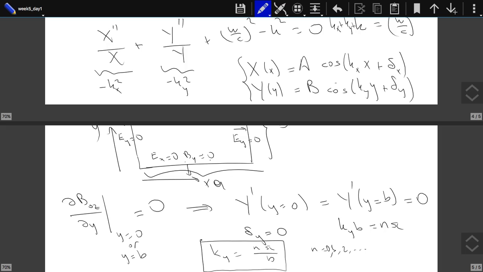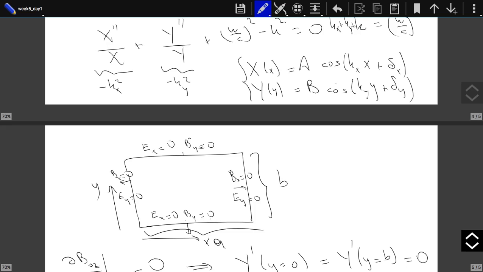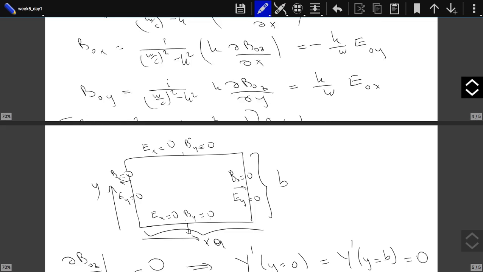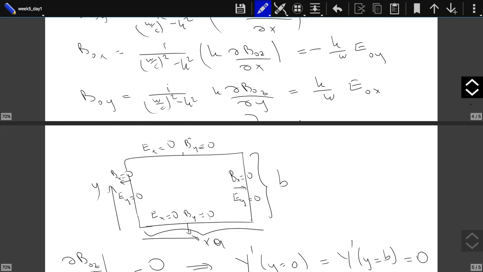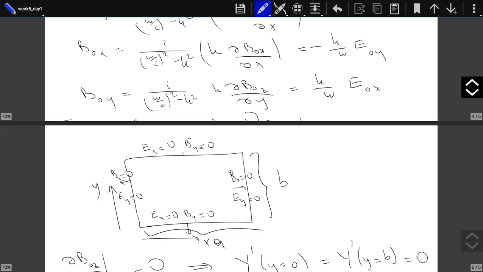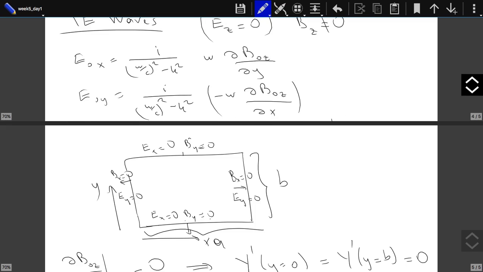Well, I just repeat the same thing for the other boundary values. You see here and here, Ey is 0. Let's go back. Ey is nothing but the derivative of Bz with respect to x.